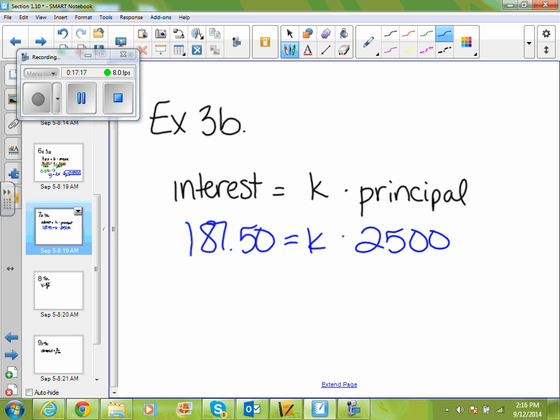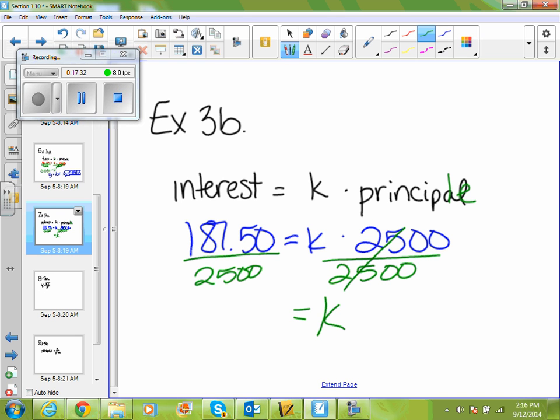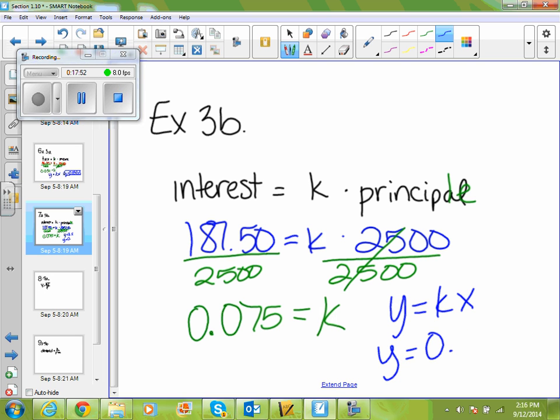Let's solve this for k. We divide by 2,500 on each side. To 3 decimal places, what is my k equal to? 0.075. So for my formula y equals kx, in this particular situation it's y equals 0.075x. For that particular investment, that would be my formula.